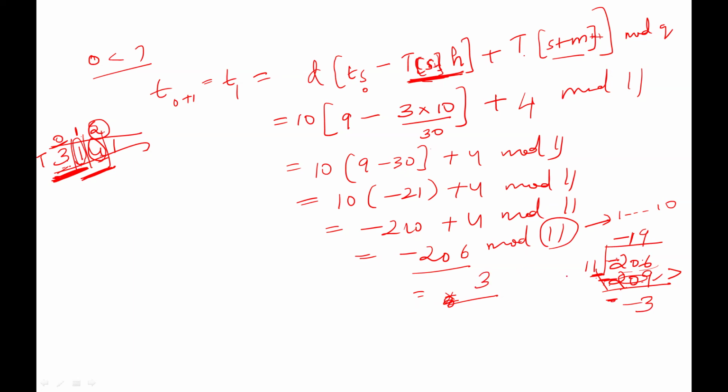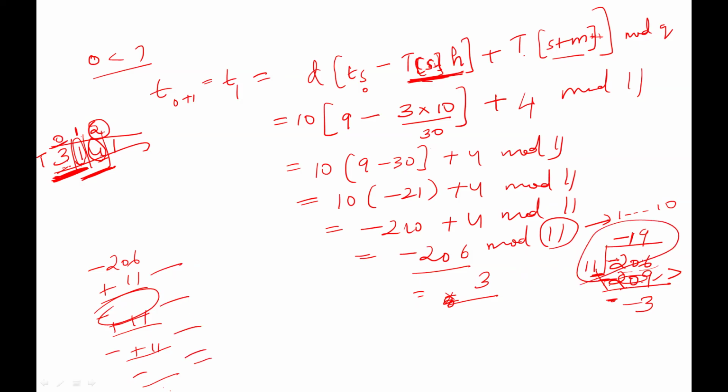Okay, minus 206. Another way of doing this mod operation is to simply add 11 multiple times to minus 206 and see the answer. If the value is negative, again add 11. You'll get an answer which is again negative. Again add 11. Keep on adding until you get a positive result. That is the same, because adding 11 multiple times is the same as multiplying it with minus 19.